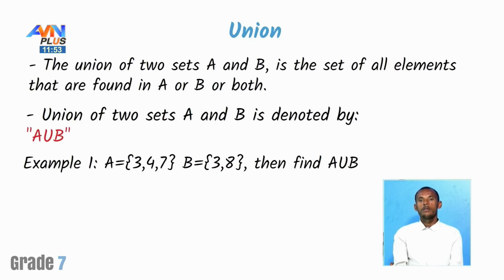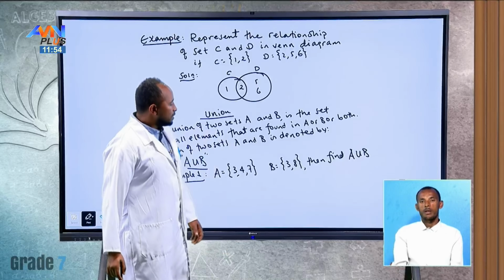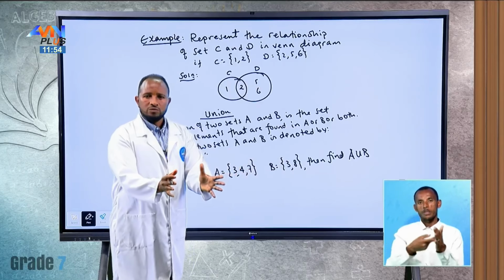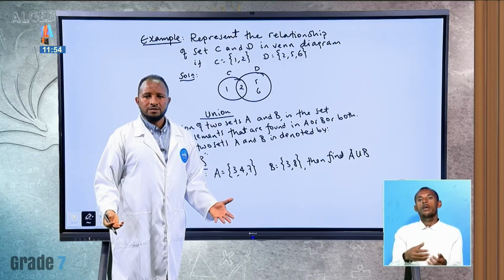Then find A union B. Simply, union means mix the two sets' elements without repeating any element.